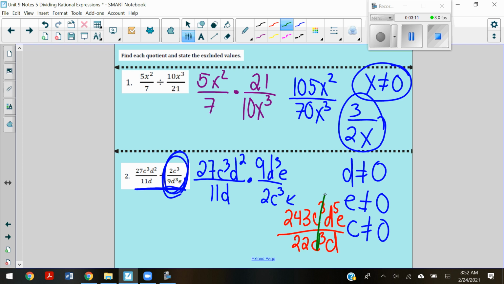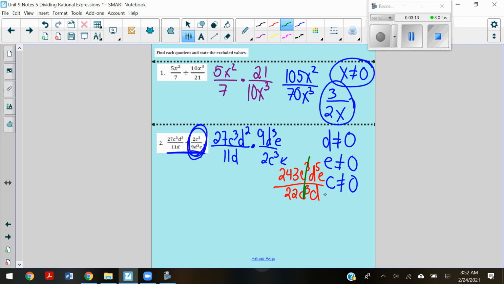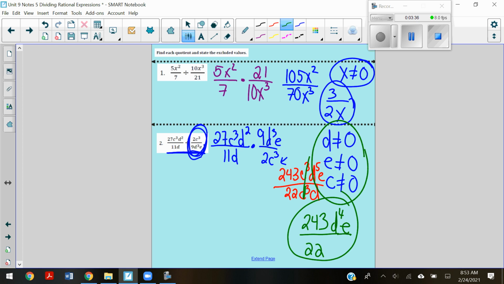Okay, I just see that right off the bat, so I'm going to write that down. 243 over 22 actually does not simplify. So 243 over 22, I get a d to the 4th in the numerator and an e in the numerator, because this d on the bottom here is going to simplify out. All right, simplified answer and excluded values.